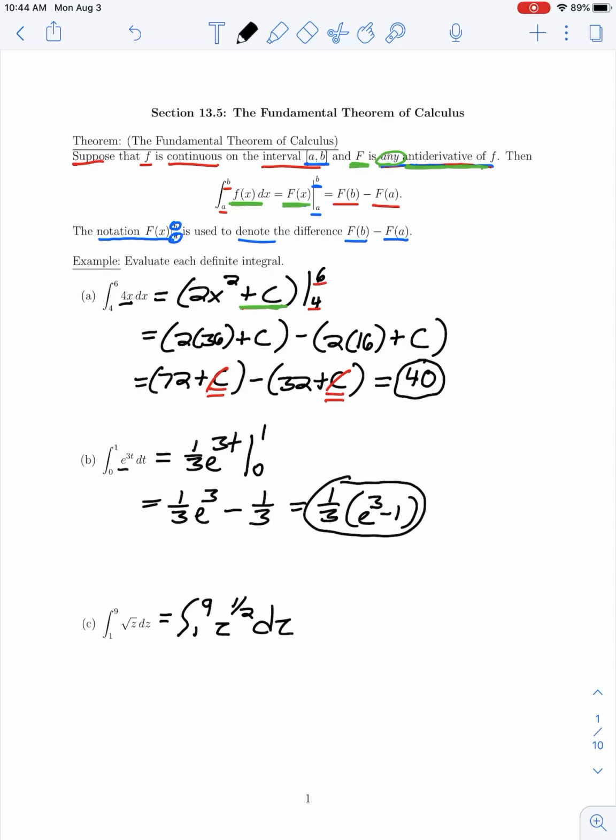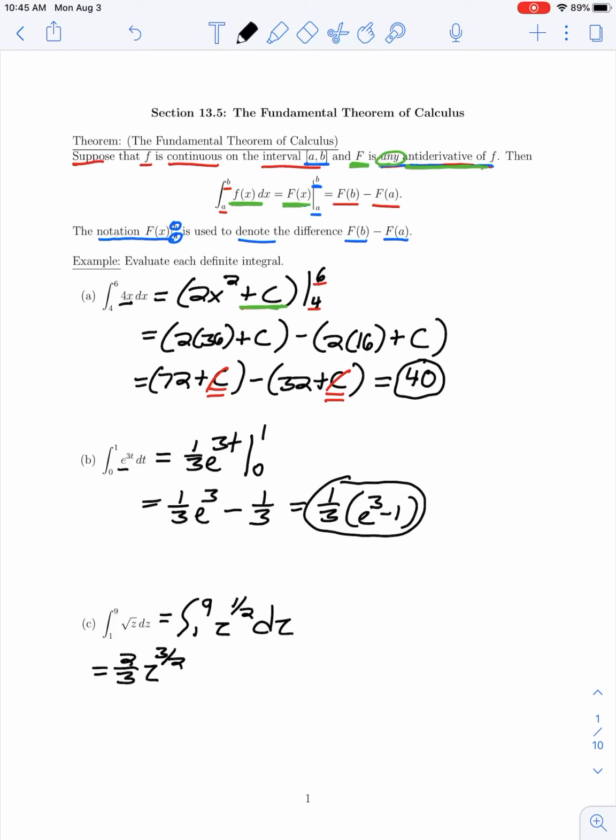So to evaluate this integral, we need to find an antiderivative of our function, z to the 1/2. So using the power rule, we add 1 to the exponent, so we would have z to the 3/2, and then we divide by 3/2, which is equivalent to multiplying by 2/3.